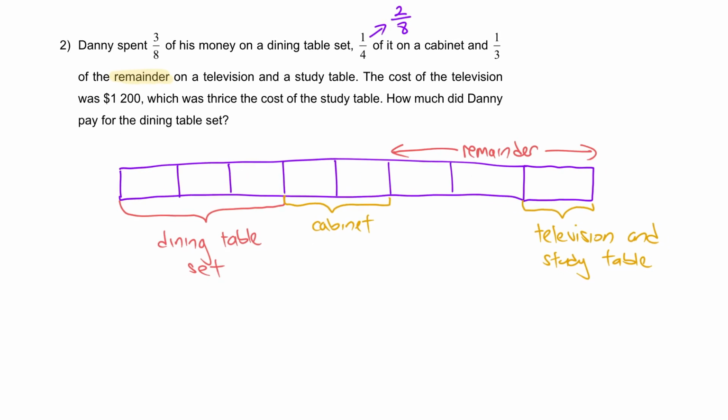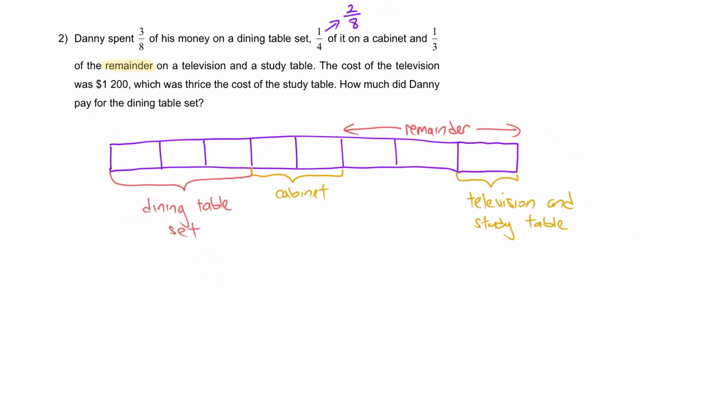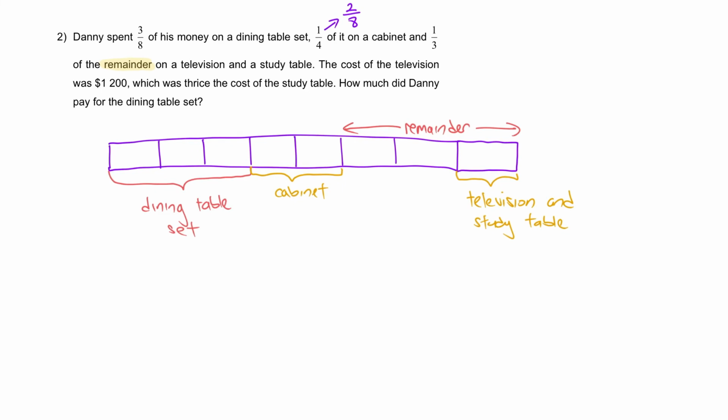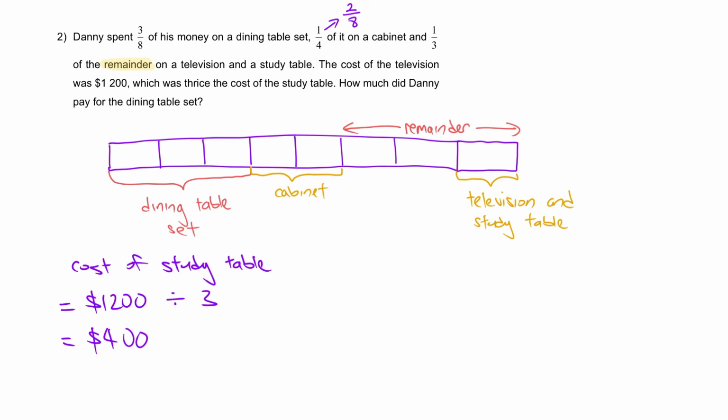So step number 1, let me minimize this to give myself more writing space. First step, cost of study table. The cost of study table is 3 times lesser. 1,200 divided by 3. That would be $400. Makes sense, right? This television set is 3 times of the study table.